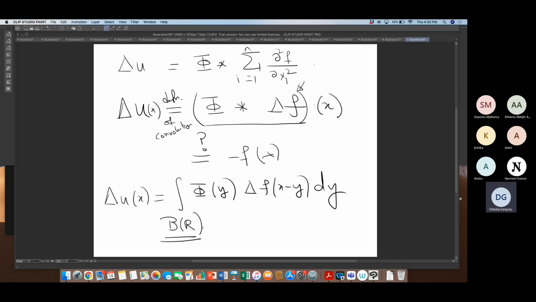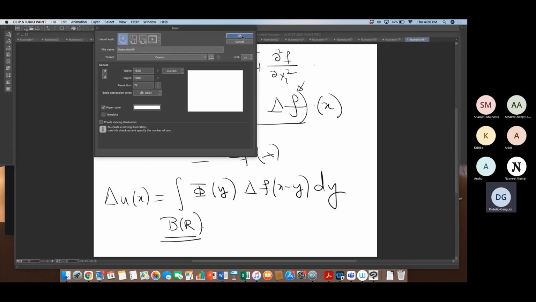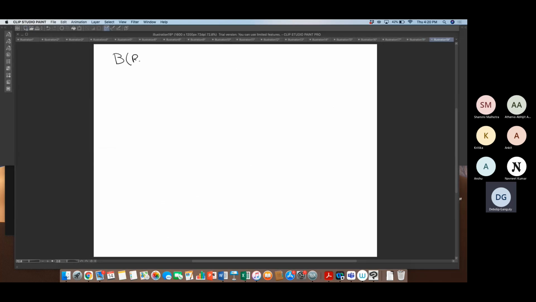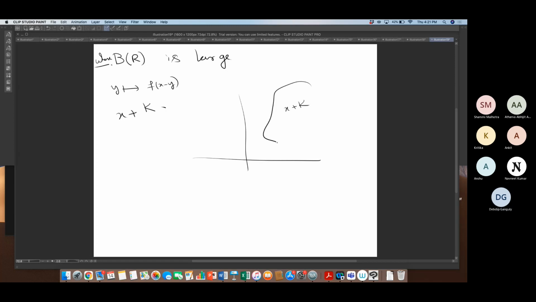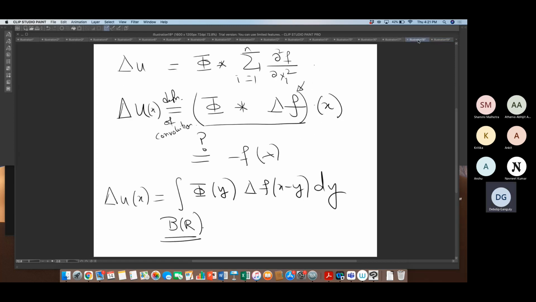Yes, of course, just by the definition of support. So you have the function y going to f of x minus y. As you said, this will have support x plus k, for each x. So for each x, I have the Laplacian u at the point x.